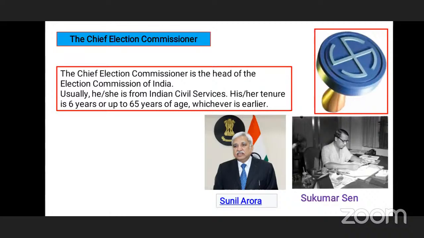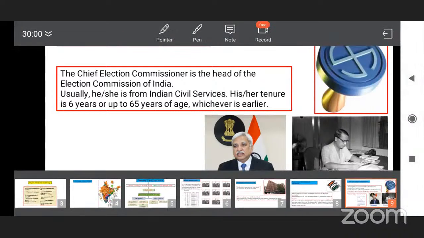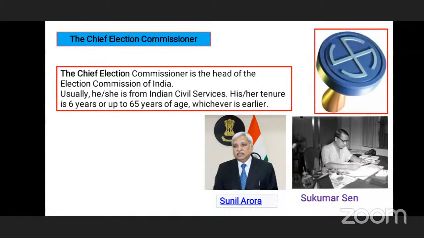Look at this, the first Chief Election Commissioner of India is Sukumar Sen. Look at this picture. Sukumar Sen is the first Chief Election Commissioner of India.